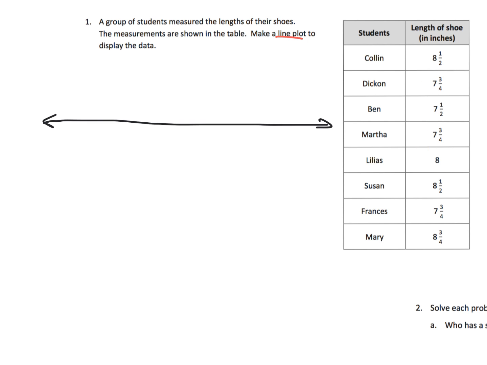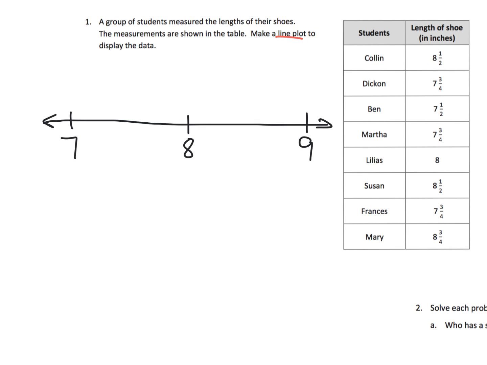So we can begin down here at 7, and because the highest number we have is in the 8s, 8 3/4, we need to go up to 9. So 8 goes right in the middle. And so there is our line plot starting out. You'll notice I didn't use a ruler. I just estimated where the 8 goes.